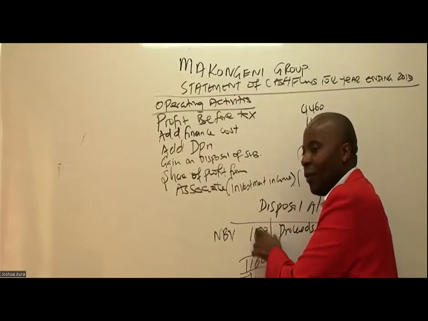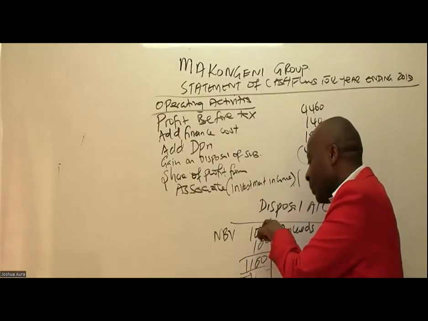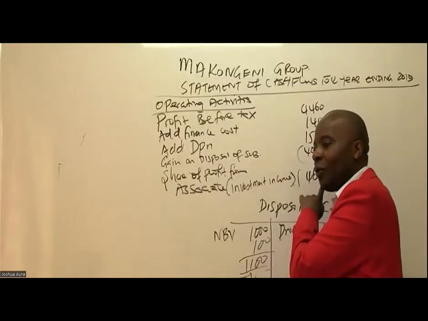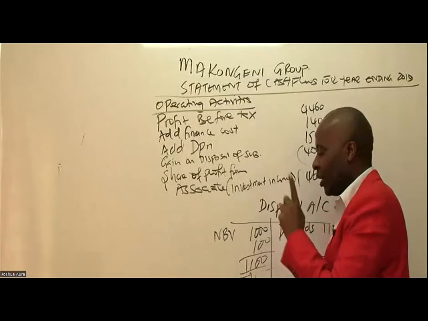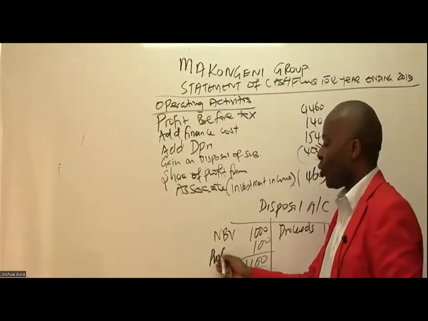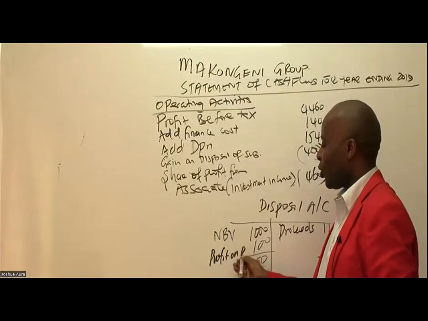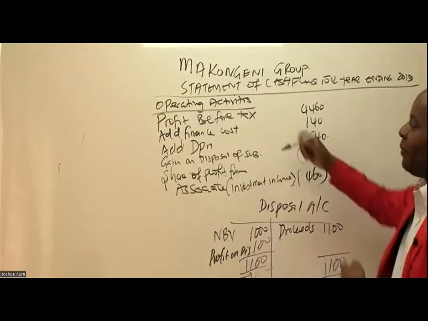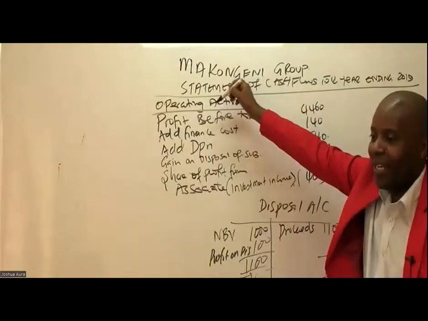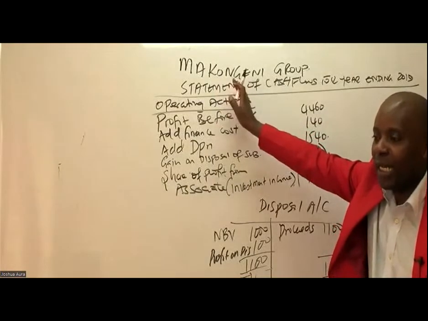The balancing figure will go to the income statement. If I'm debiting here, in the income statement it will be a credit, and anything you credit to the income statement is a gain. So this is a profit on disposal of the asset. This profit on disposal must have been booked here, and yet you want to be left with just operating activities.